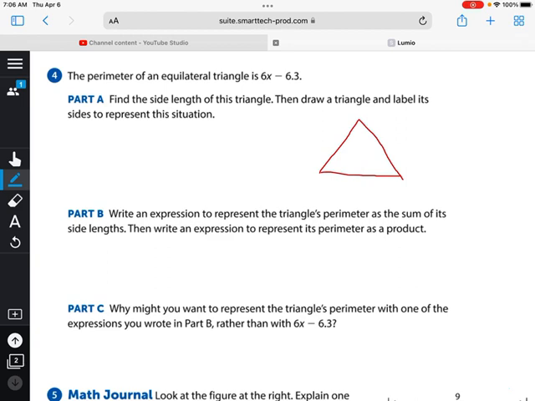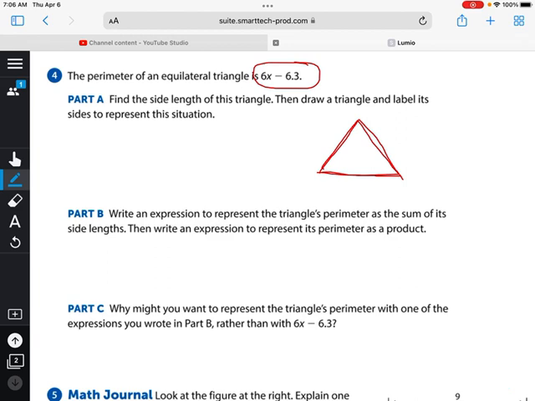Hence the word equilateral triangle. So they're saying that the perimeter of this equilateral triangle is 6x minus 6.3. That means that the entire distance around the outside edge of the triangle is 6x minus 6.3.